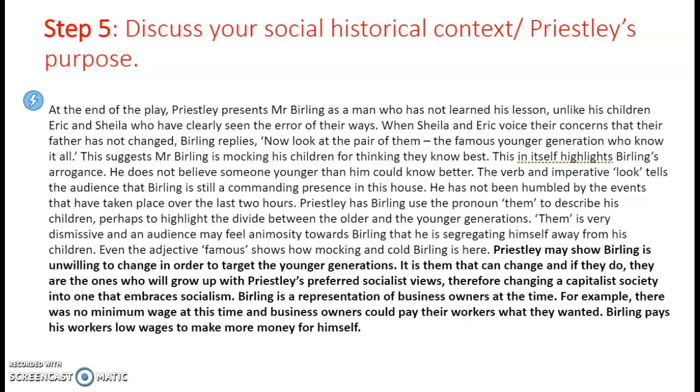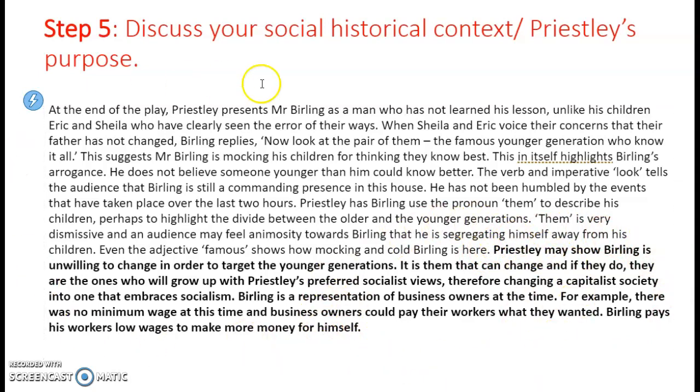So there we go. We have everything in that paragraph. We have our key point, our clear point, our evidence which has been introduced. We have zooming in on language and analysis here, but also labeling the key terms as verb, imperative, etc. And then we have social historical context and purpose as well.